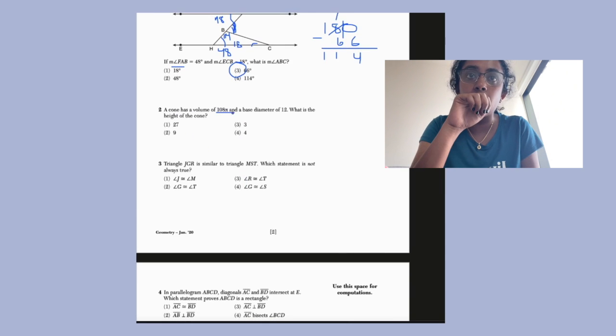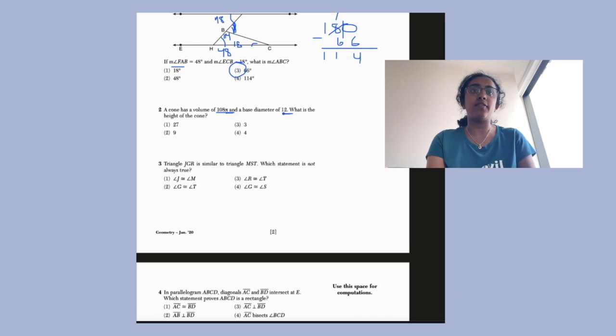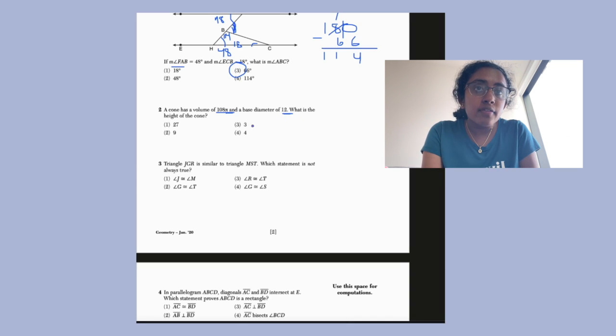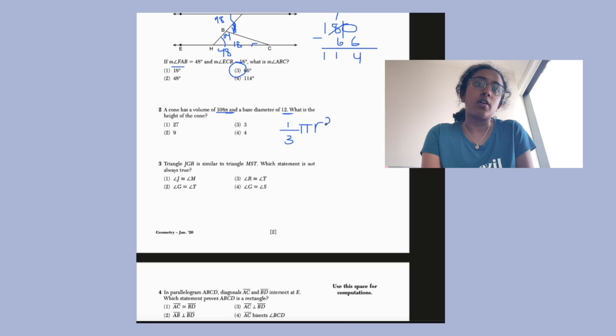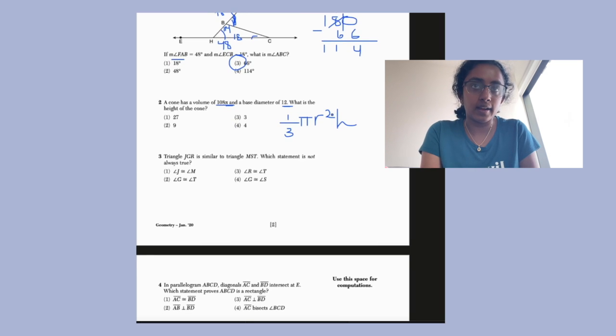The next one is a cone has a volume of 108 pi and a base diameter of 12. What is the height of the cone? So the volume of a cone is 1/3 of the volume of a cylinder. So it's 1/3 pi r squared h, yeah.